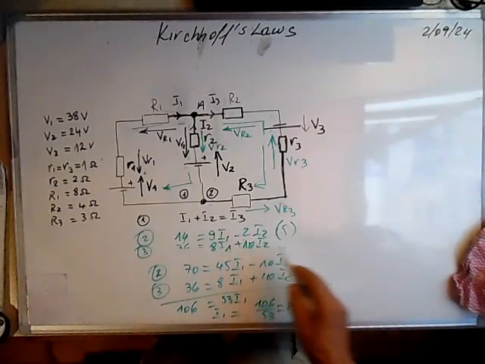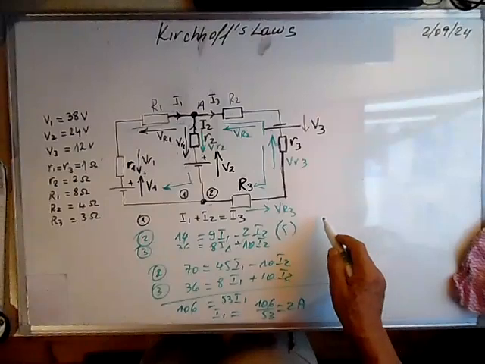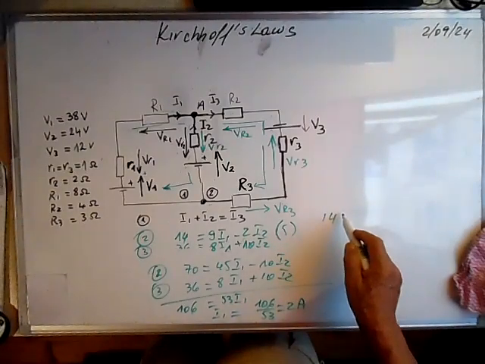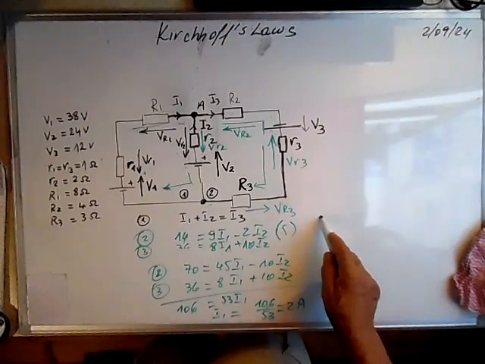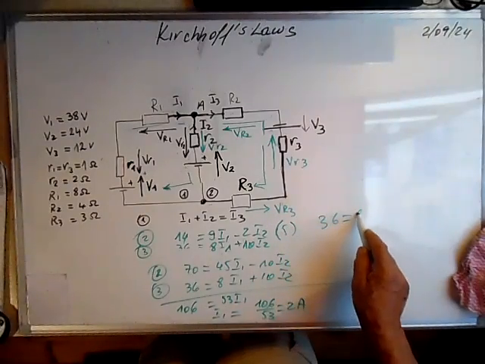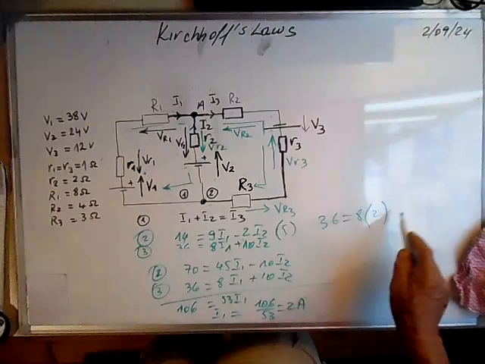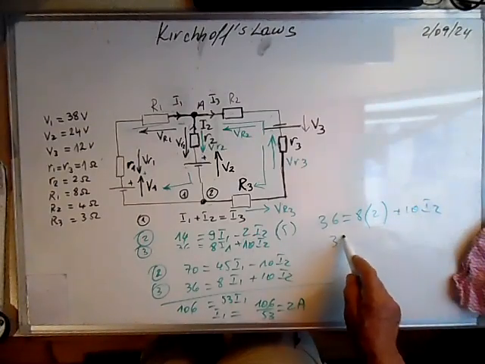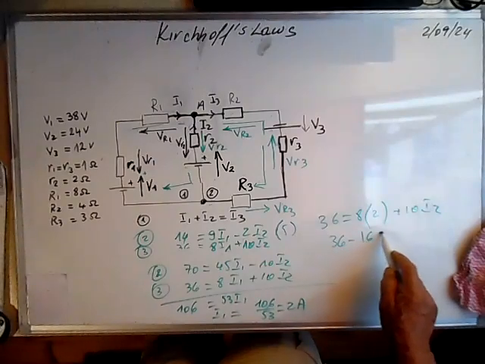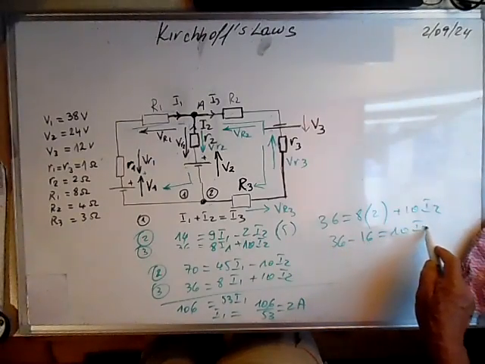We take one of these equations to calculate I2. We'll take the second one maybe. 36 is equal to 8 I1, which is equal to 2, plus 10 I2. 36 minus 16 is equal to 10 I2.